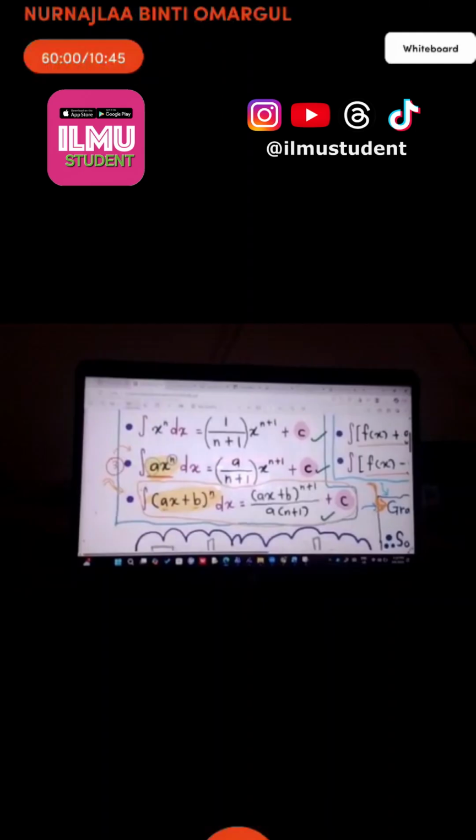So to integrate 8 minus x inside the bracket raised to the power of 2 dx. Okay, so ax plus b in bracket raised to the power of n plus 1 over a in bracket n plus 1 plus c. I'll mark this one by using the color over here.